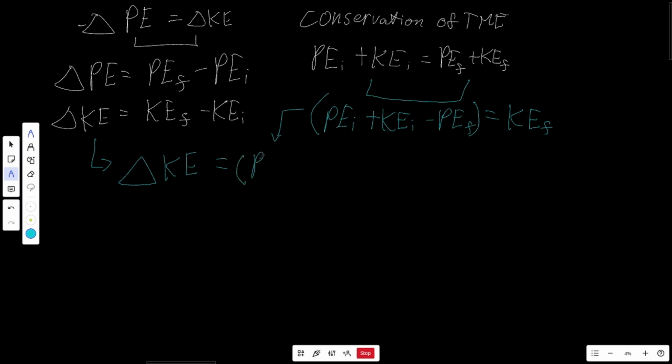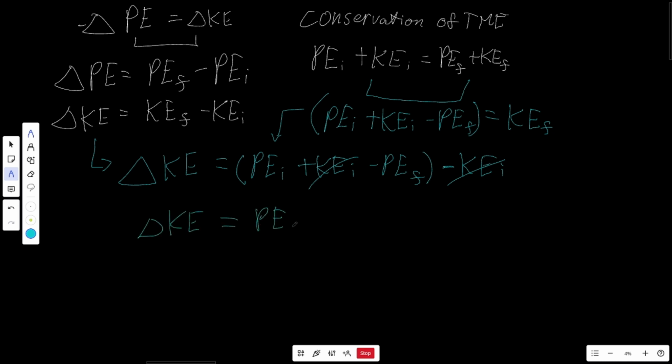So let's plug this in to our working equation. We'll get initial potential energy plus initial kinetic energy minus potential energy final, minus initial kinetic energy. So these two will cancel out. Now we're left with delta KE defined as initial potential energy minus the final potential energy.